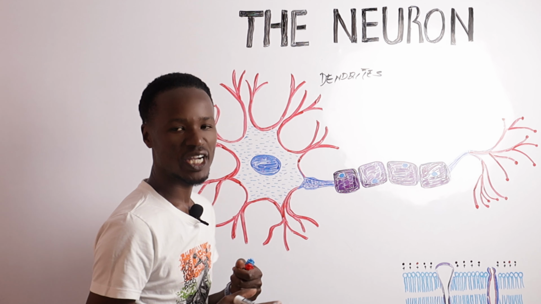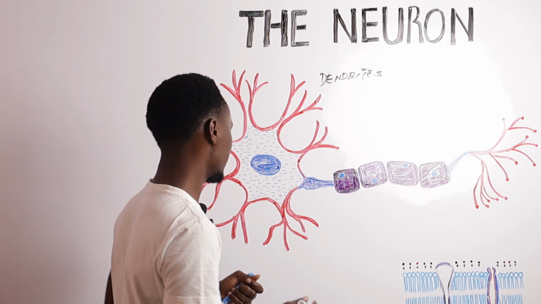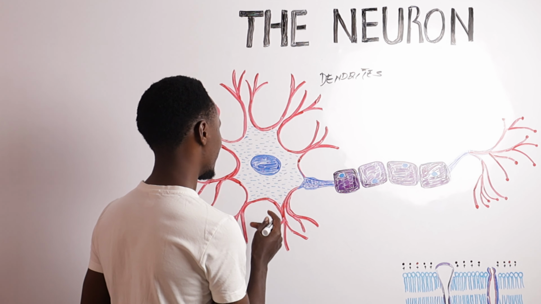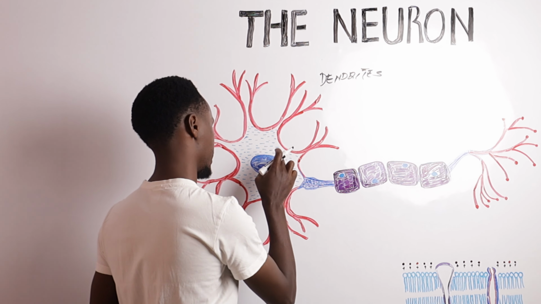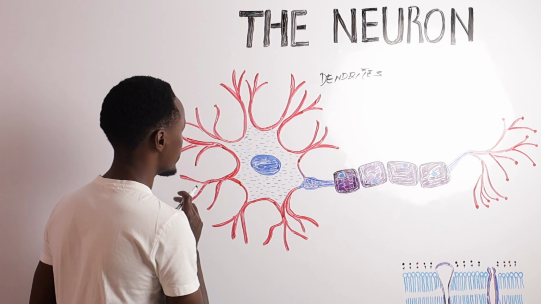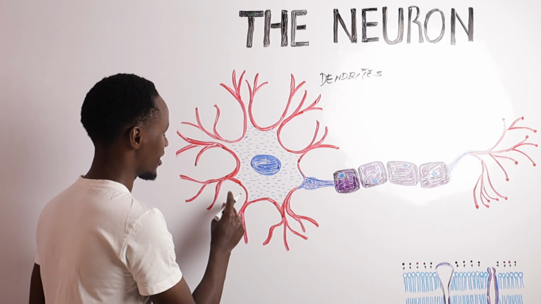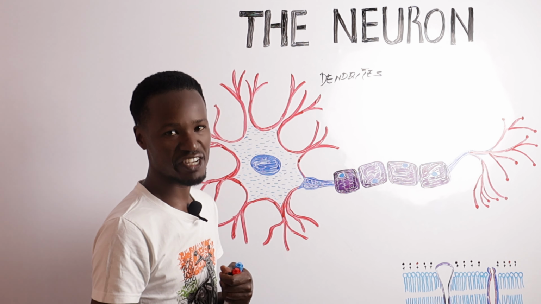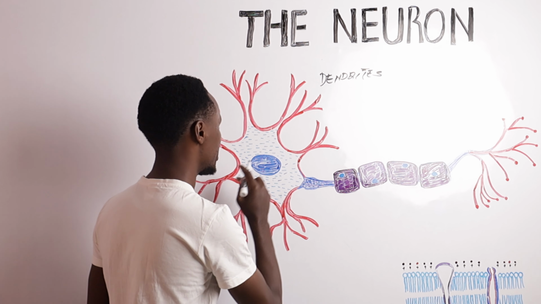Because when we look at the neuron, this is a cell like any other cell. With that, it means that it has the cell membrane, the cytoplasm, and the nucleus. So the dendrites are nerve fibers that carry information towards the cell body.